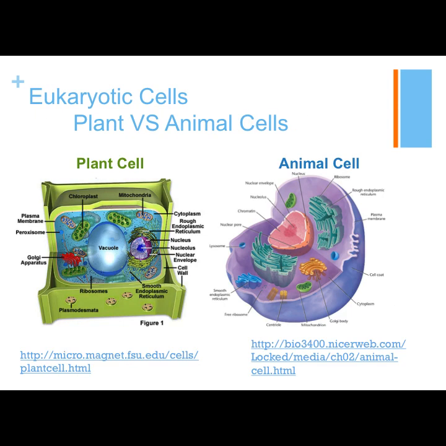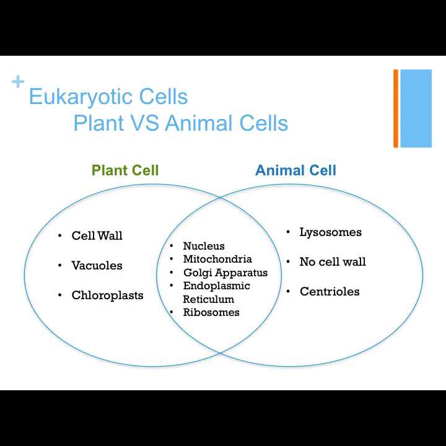So looking more specifically at eukaryotic cells, the two main types of eukaryotic cells are plant versus animal cells. You can see these cells have much more similarities between the two than prokaryotic versus eukaryotic, but they also have many differences. Plant cells contain a cell wall, which gives the cell structure, which animal cells are lacking.